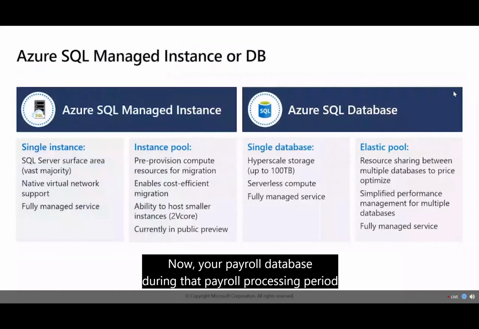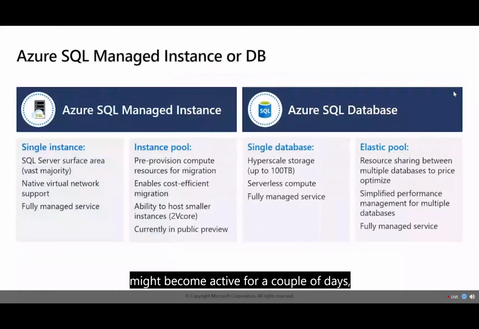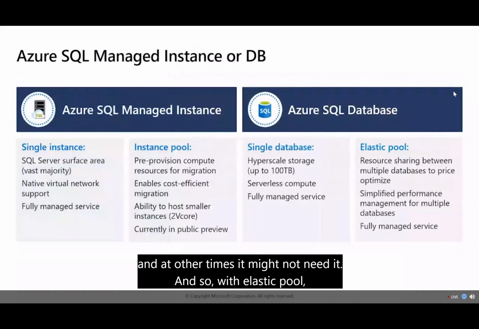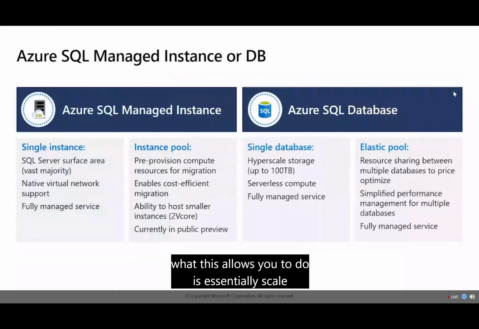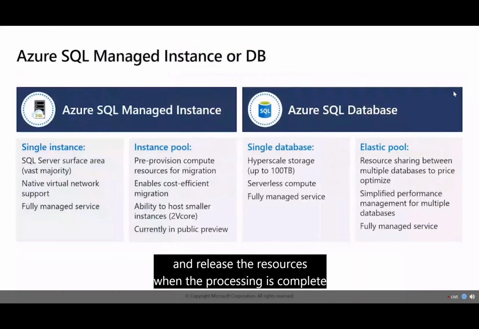Now, your payroll database during that payroll processing period might become active for a couple of days to process those payrolls, and at other times it might not need it. And so with Elastic Pool, what this allows you to do is essentially scale the resources as your databases need them and release the resources when the processing is complete and allocated to other databases that might need it.